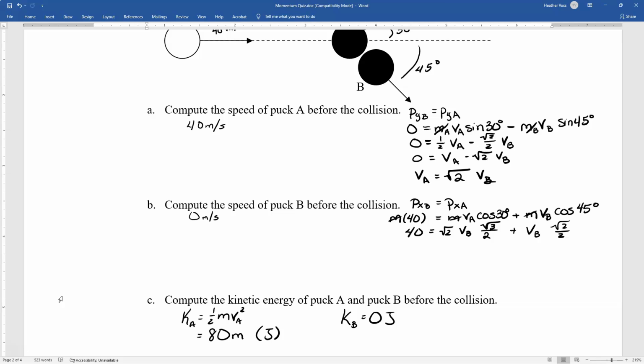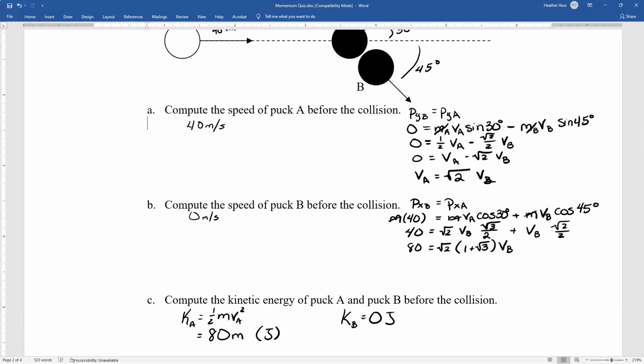If I take 40 and multiply it by 2, I'm going to get that 80 is going to equal the square root of 2, 1 plus the square root of 3, velocity of B.